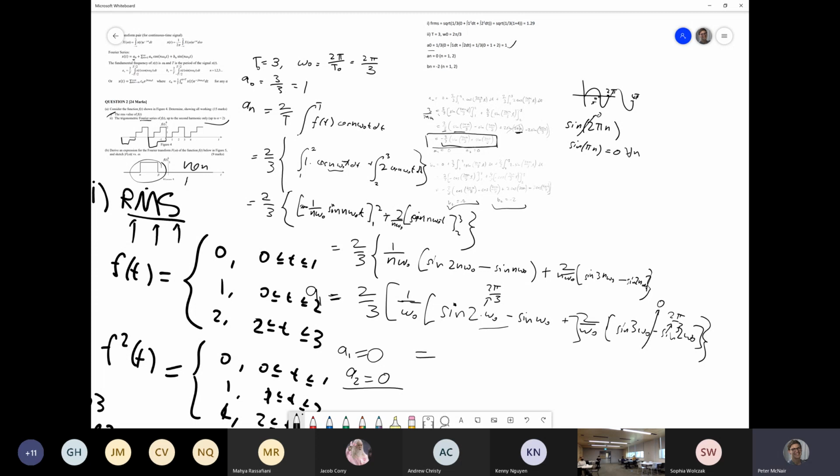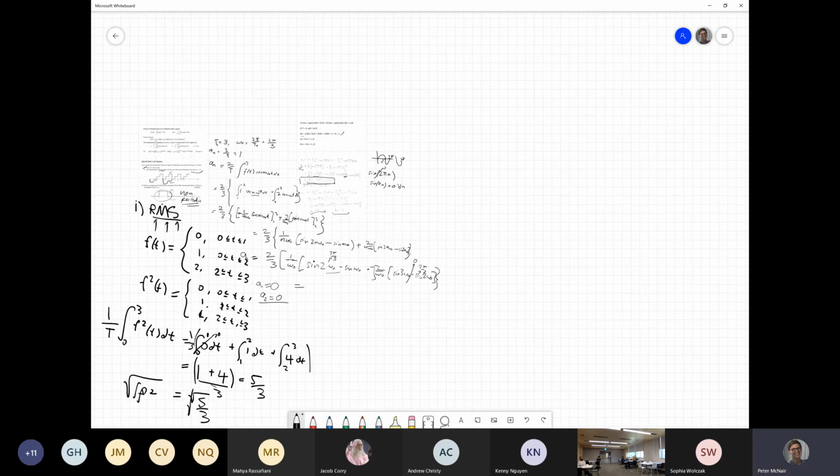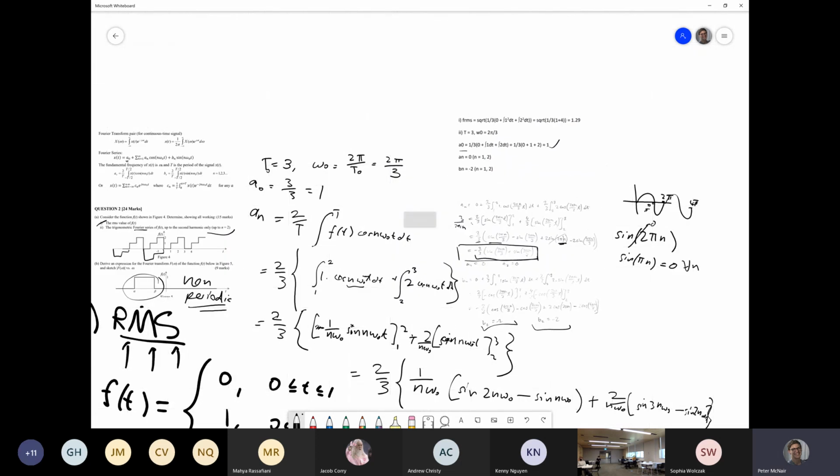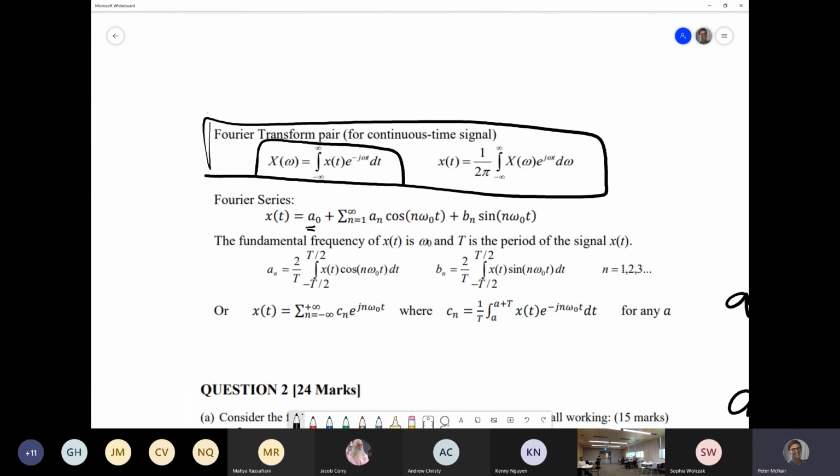So if we've got a non-periodic function, we have to use this bad boy, and in particular this one. So we want F of omega as that fun integral.